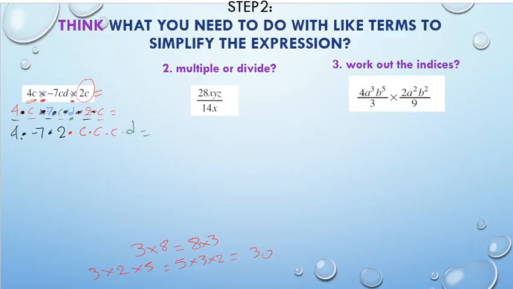7 times 4 is 28. But this is not 7, this is minus 7. So minus 28 times 2 times c times c times c, it is c to the power of 1, 2, 3, c to the power of 3 times d equals, now I have to multiply, negative times positive equals still minus 56 c cubed d, and this is my answer.